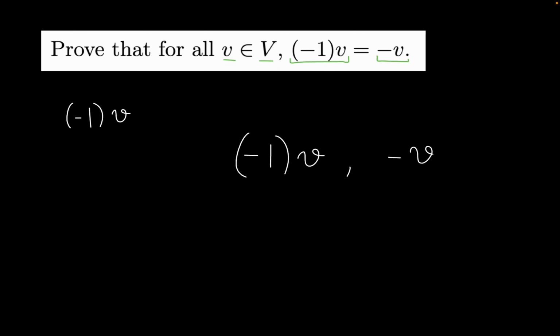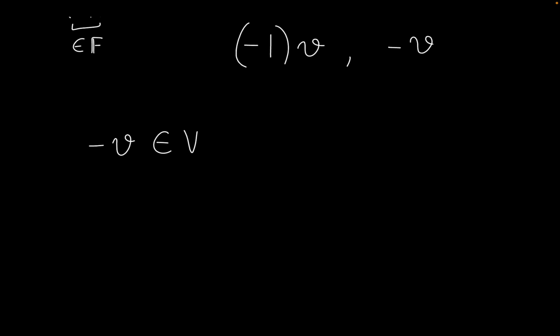So -1 times v is the scalar multiplication of the field element -1, which is a scalar, with the vector v, which is a member of V. Meanwhile, -v, or minus v, however you want to call it, is defined to be that vector which, when added to v, gives you the additive identity 0.